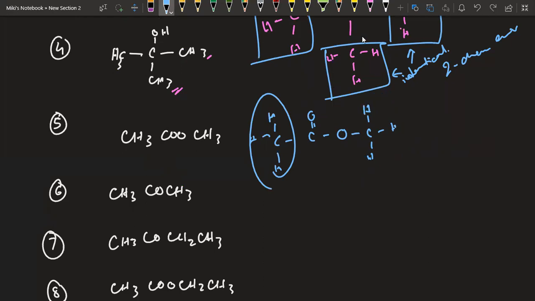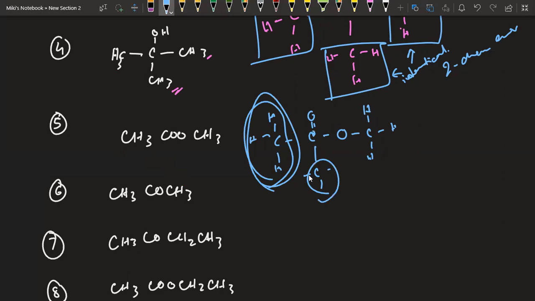Now, why is that? Previously I told you that identical CH3 groups are one environment. Remember I told you they need to be connected with the same carbon. If this carbon would have another CH3, then they both would be identical.